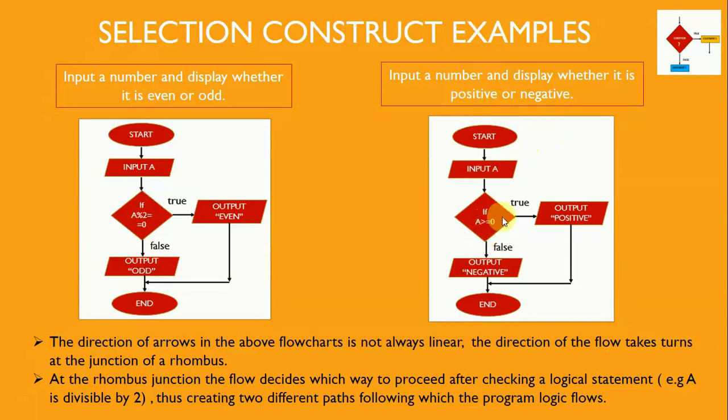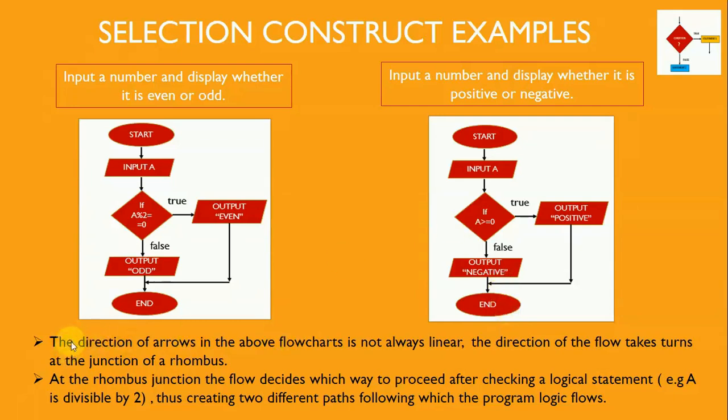So my conditional statement will be if A greater than or equal to 0. If this condition is true, it will display positive and the flow of control will move like this. And if the result of this condition is false, it will display negative and the flow of the program will be like this, and ultimately my program will end here.